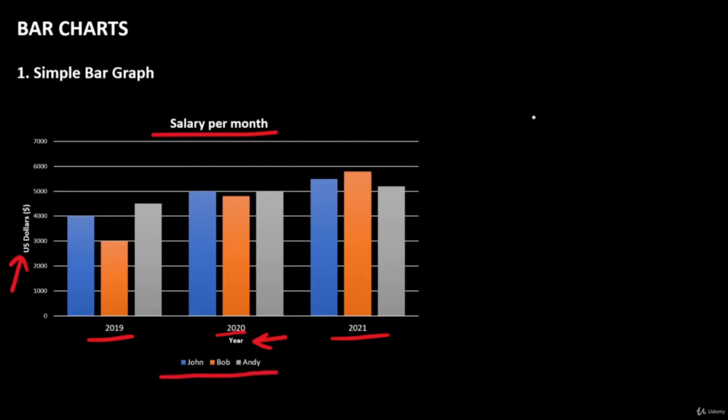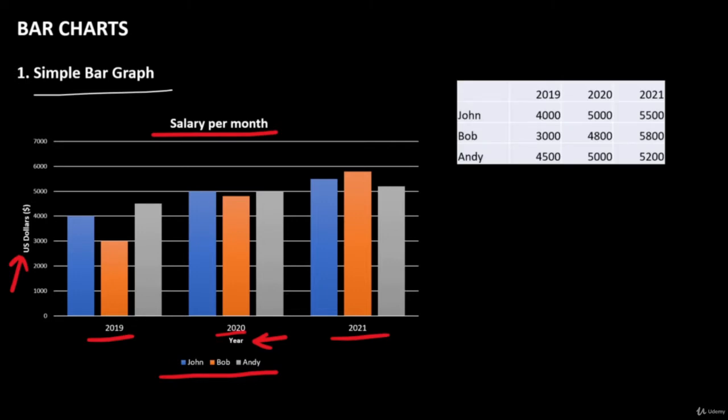Now if we were to read this bar graph, you can see that in the year 2019, John had $4,000 as his salary per month. This simple bar graph could also be given in the form of a table. Comparing these two will help you get a good understanding of a bar graph.